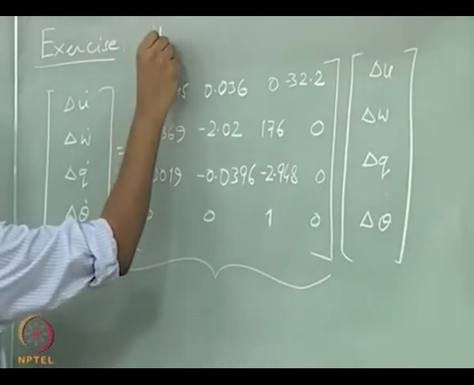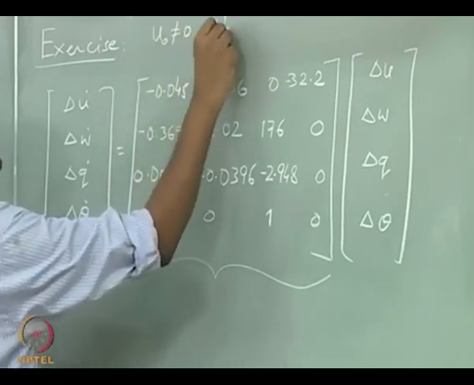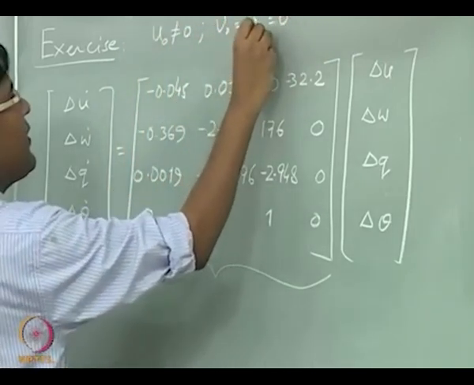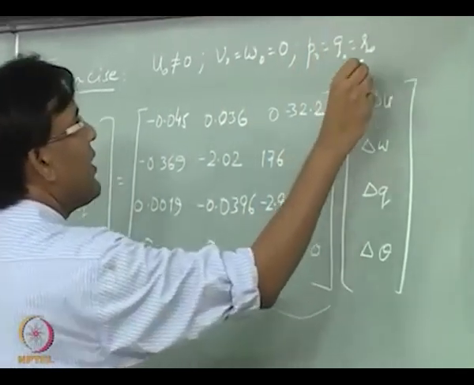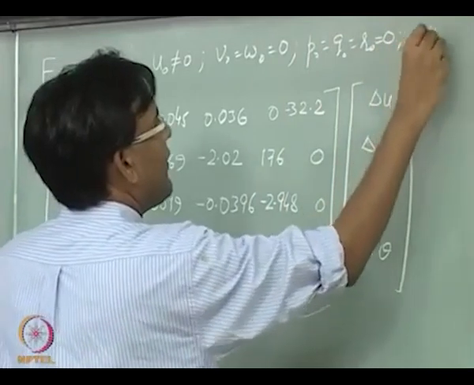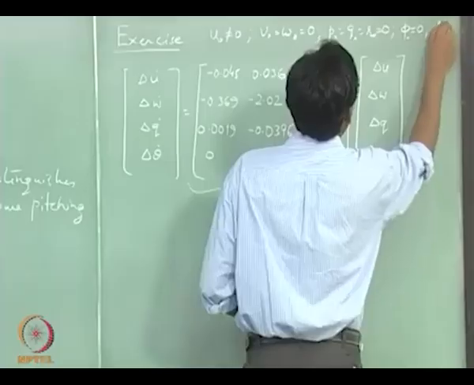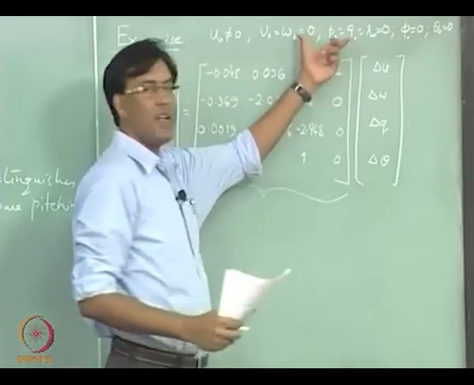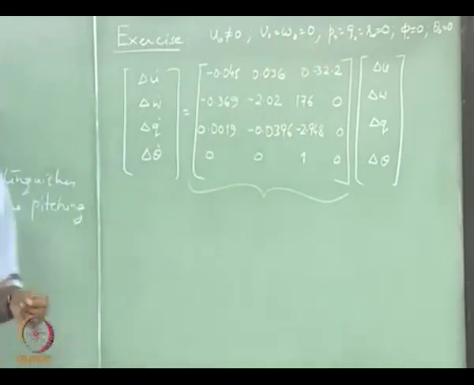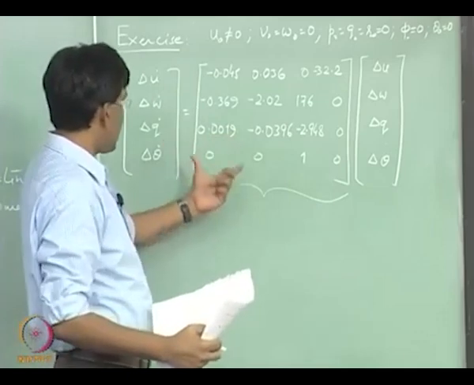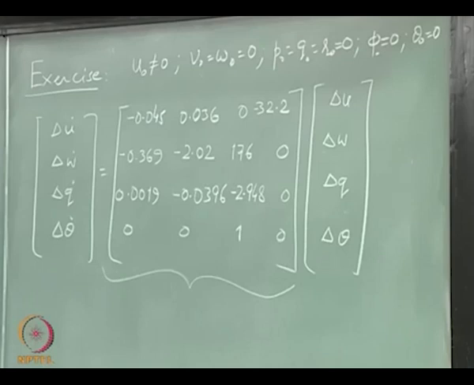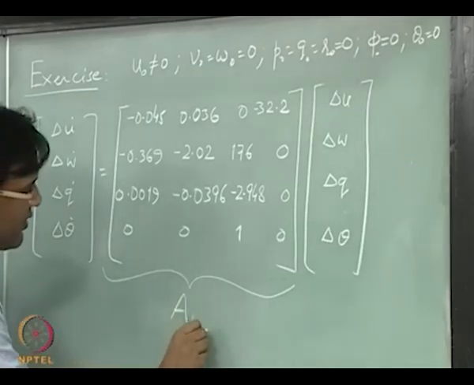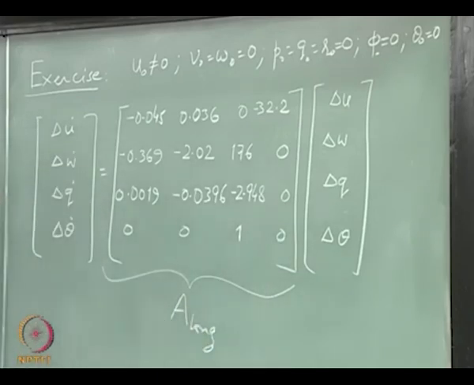So this is my equilibrium state, about which we have been given this linear model to study the perturbed behavior of the aircraft. So, this is our A matrix.